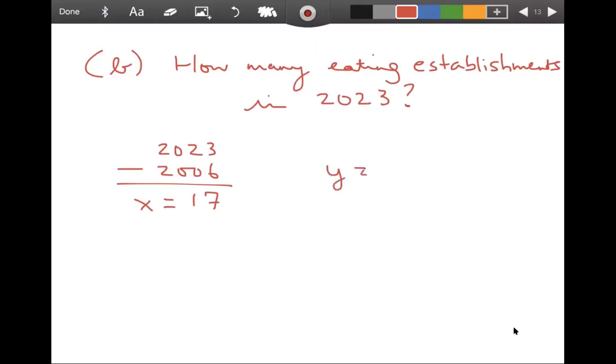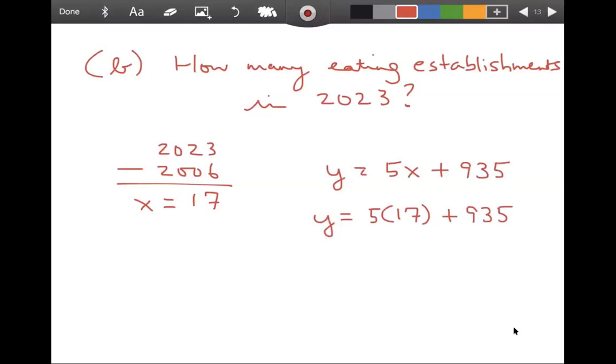Using the equation y equals 5x plus 935. And I have never done this exact problem before because I just updated the year to 2023. We're all going to see this answer for the first time together.